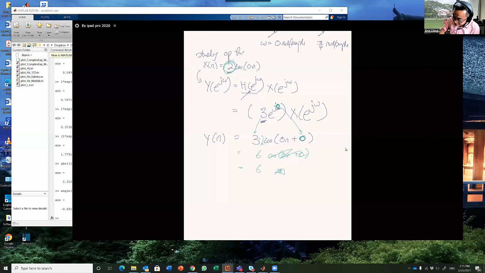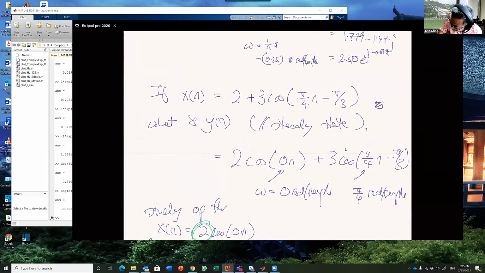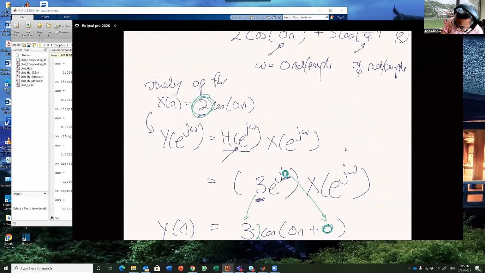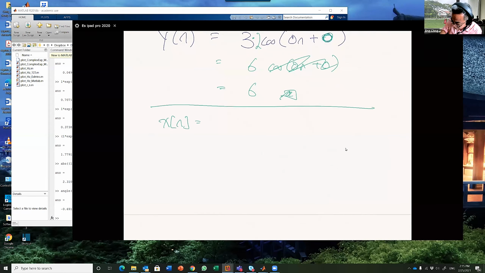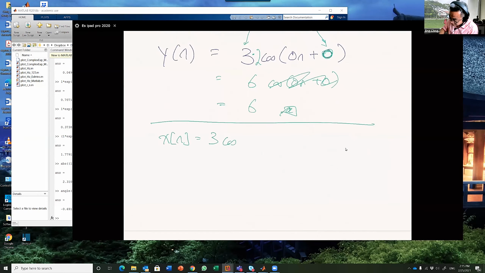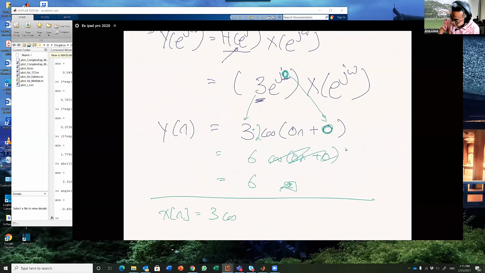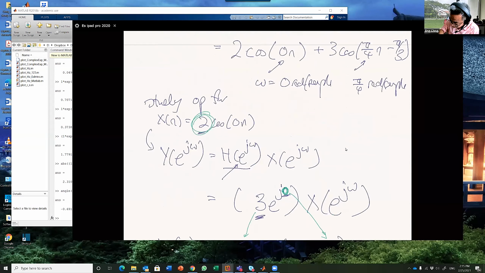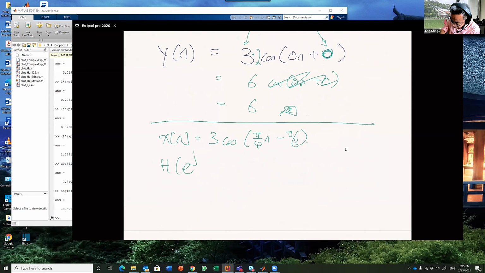Now we come to the harder part, the second part, which is this guy. Here we are sending 3 cosine pi over 4n minus pi over 3. So now we independently study x of n equals 3 cosine pi over 4n minus pi over 3. And then let's find H for omega equals pi over 4.